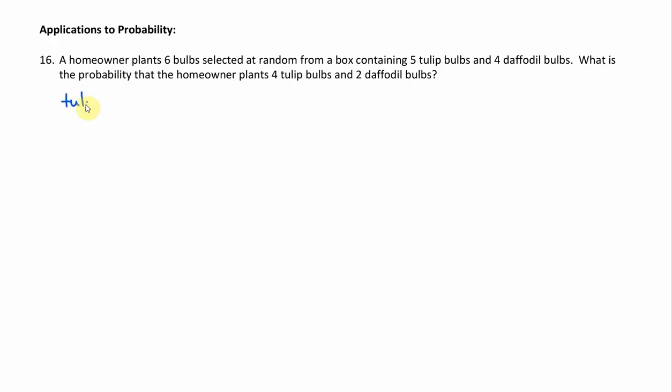So, let's just do that first, and then we'll worry about the computation. So the tulips, we'd have that there are 5 total, so N is 5, and we have to pick 4 of them, so R is 4.